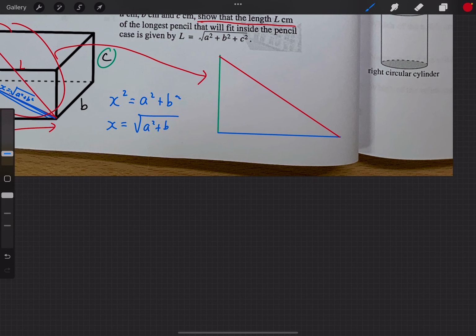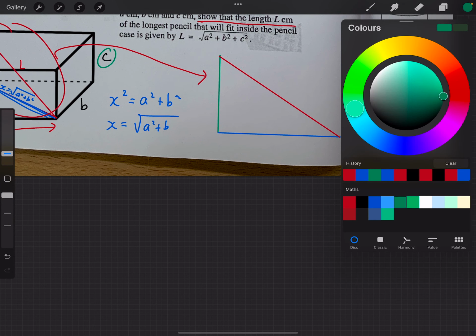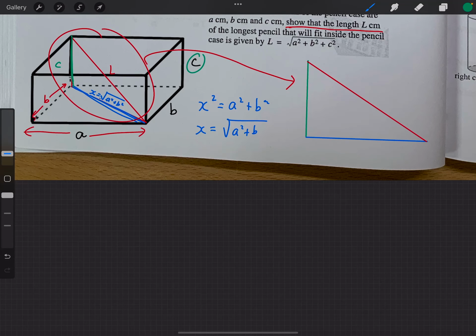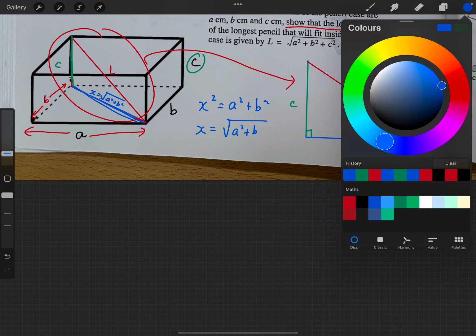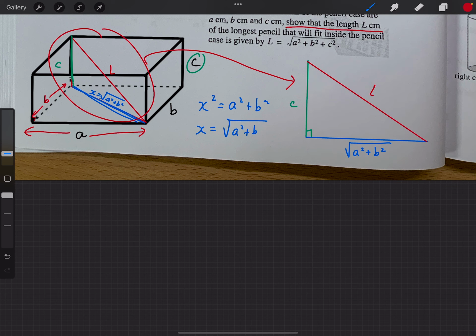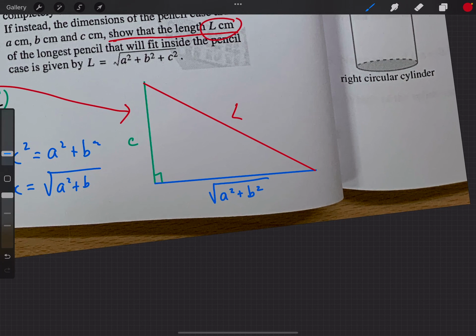Now I know that the green one is the length C, and this is 90 degrees. The bottom length is the square root of A squared plus B squared, and obviously this is your L, the length L. Now let's use Pythagoras.